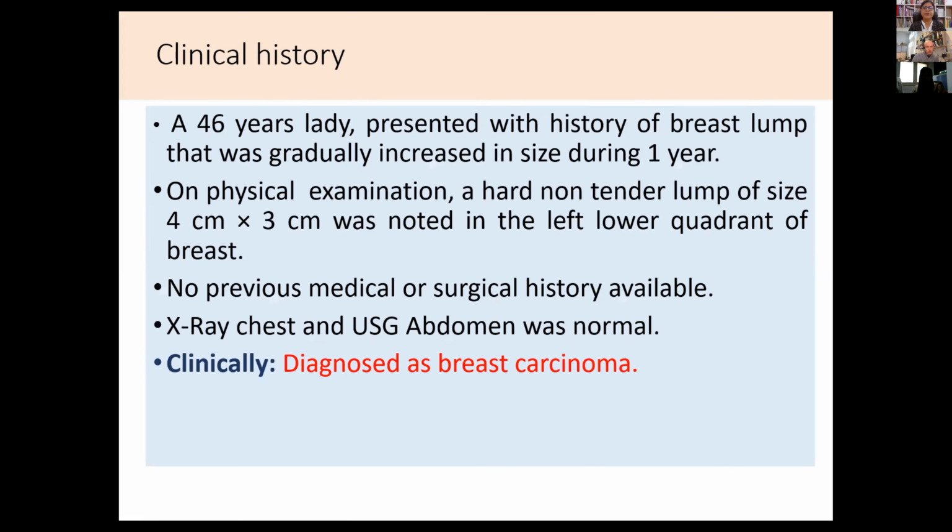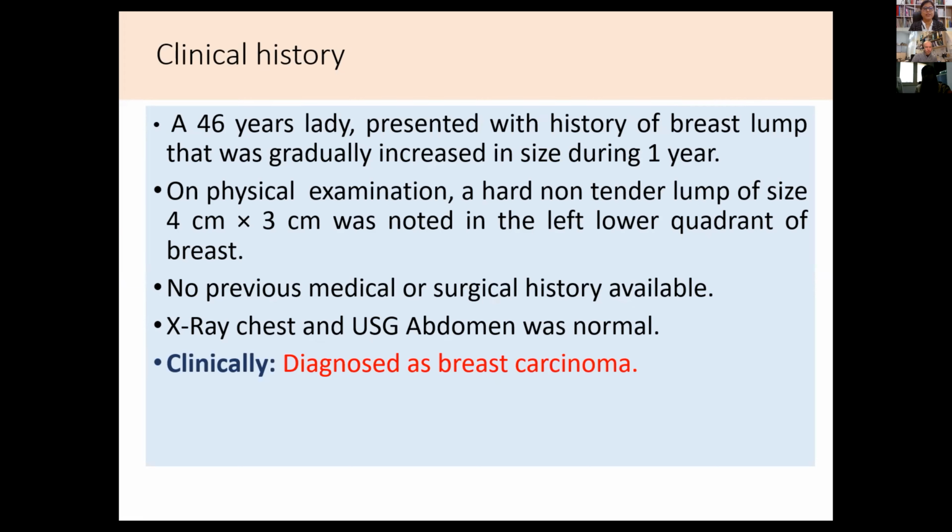A 46-year-old lady presented with a history of breast lump that was gradually increasing in size during the last 1 year. On physical examination, a hard non-tender lump of size 4 by 3 centimeters was noted in the left lower outer quadrant of the breast.